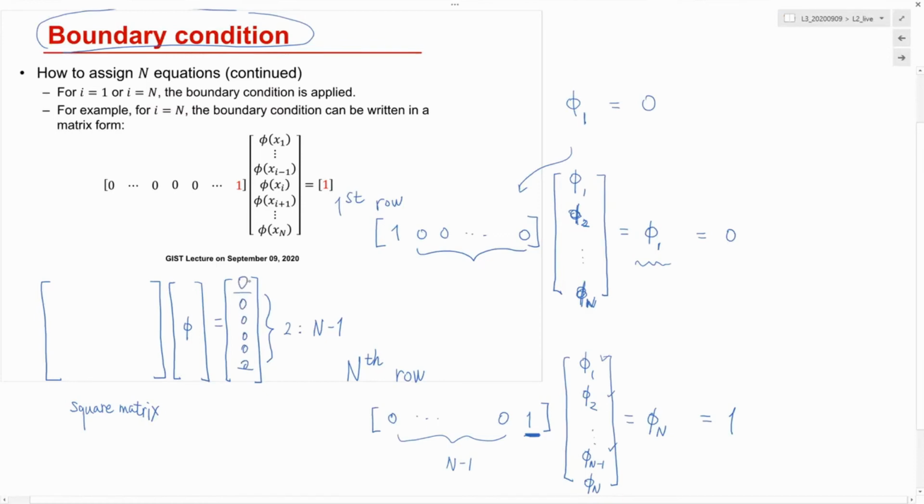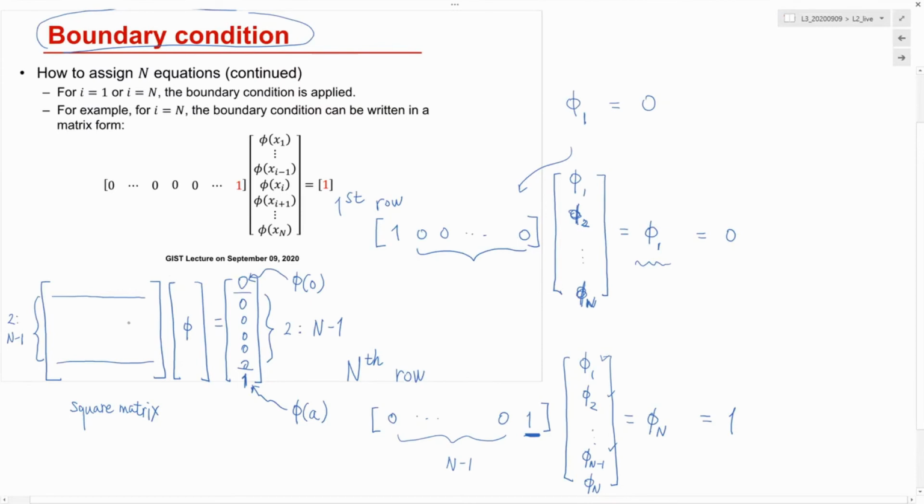The first one is 0, related with the boundary condition, and here we have the number 1, because we have assigned phi n equal to 1. That will be the right hand side of our system. And there is also a square matrix, with rows 2 to n minus 1.